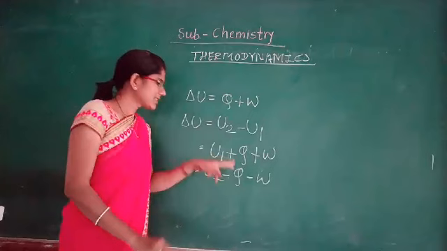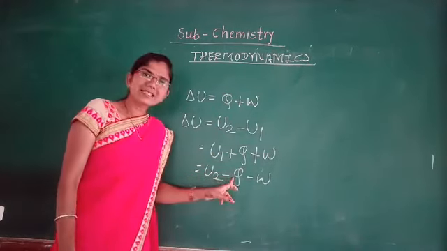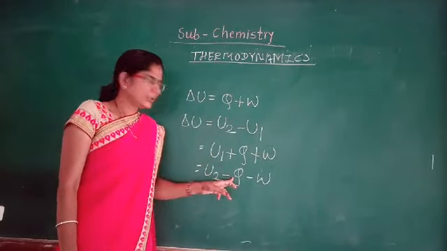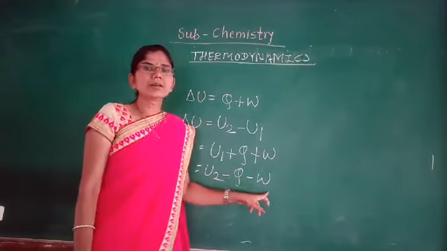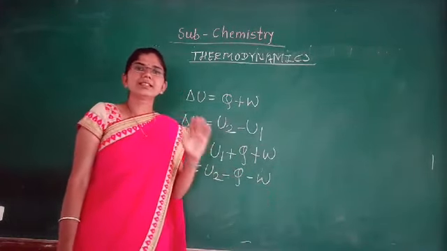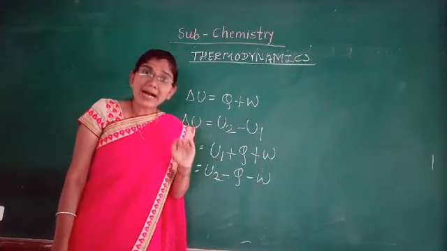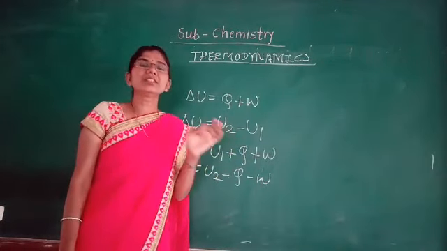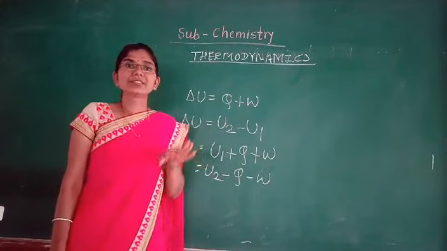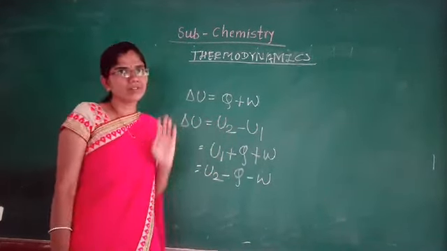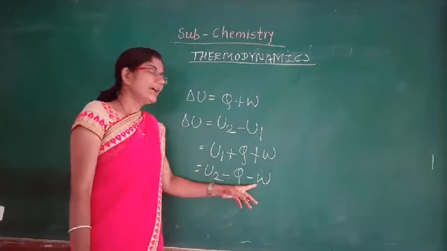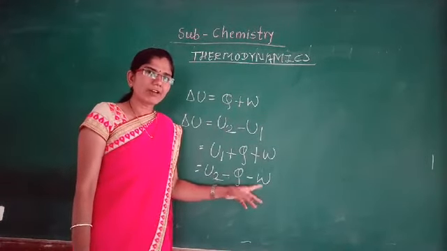From the sign convention, the release of heat is denoted by minus Q, and the minus W means the work is done by the system on the surroundings, and therefore it is called an expansion type of work.